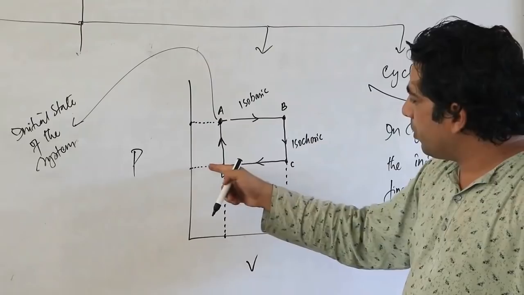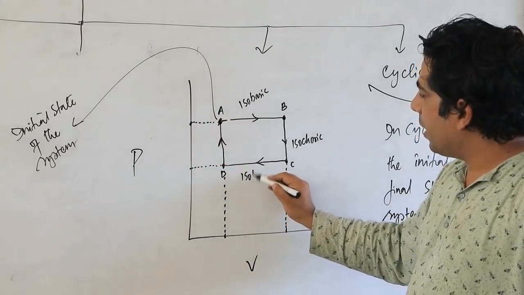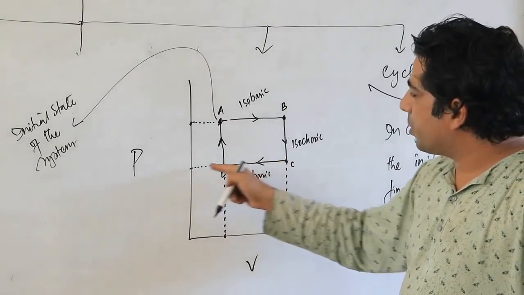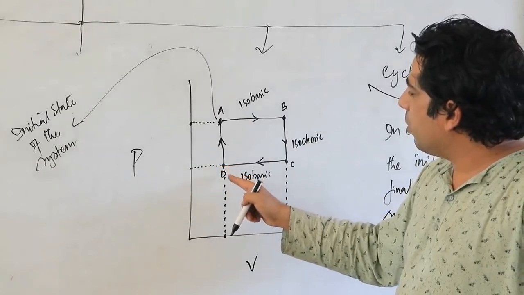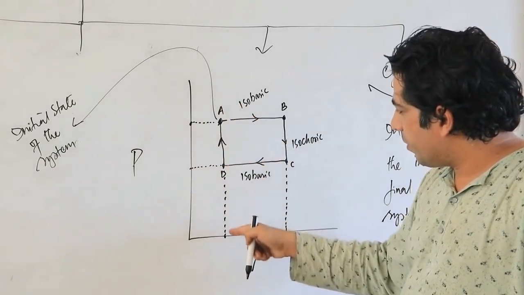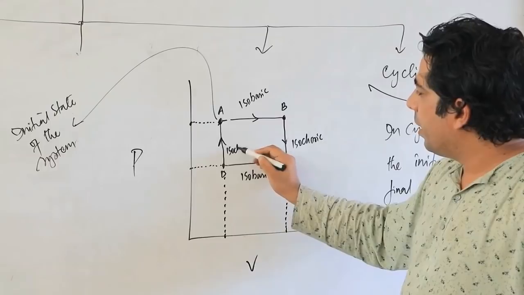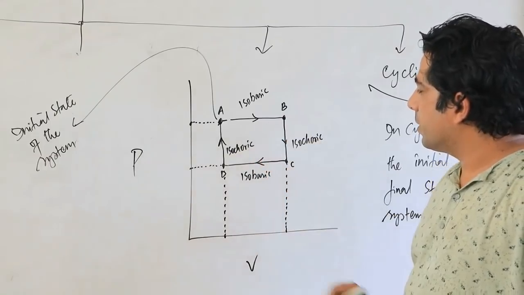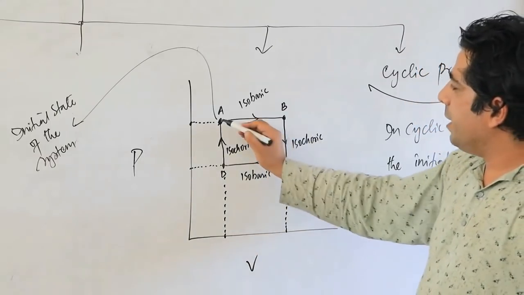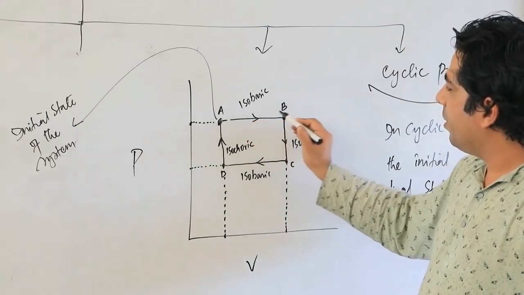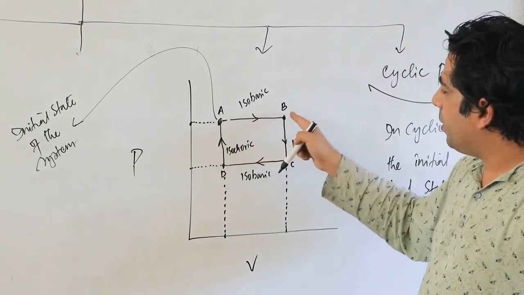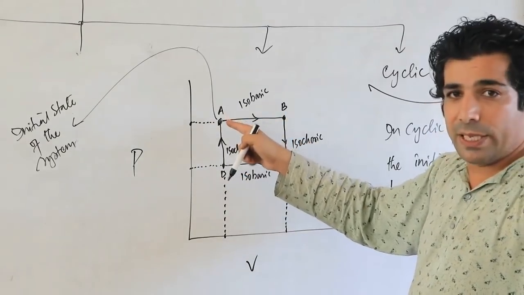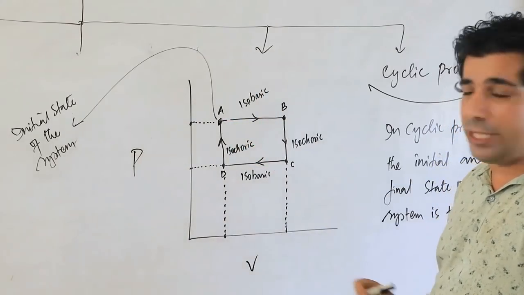And along C to D, again we have isobaric process, because again the pressure is constant. If we go along D and A, you will find out here volume is constant, so we have again isochoric process. So my dear friends, the initial state is A, and finally in how many steps? 1, 2, 3 and 4 steps, this process comes back to the initial state.